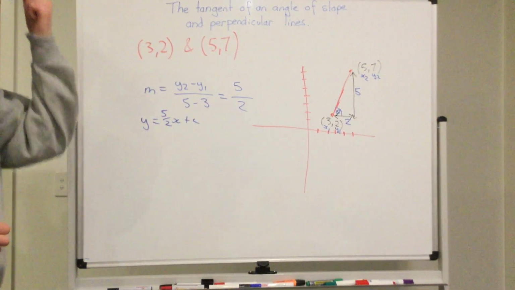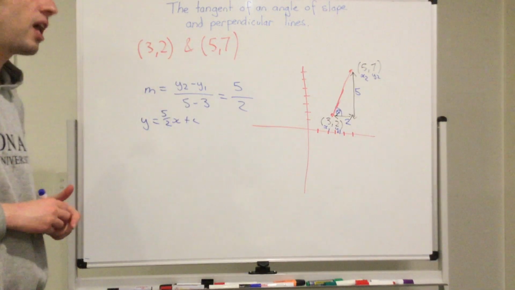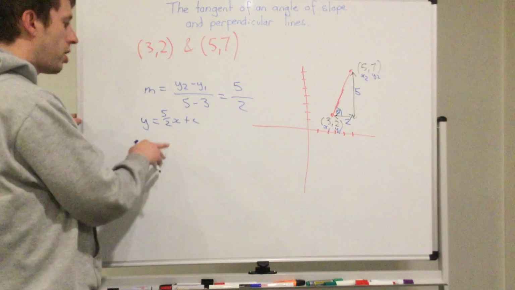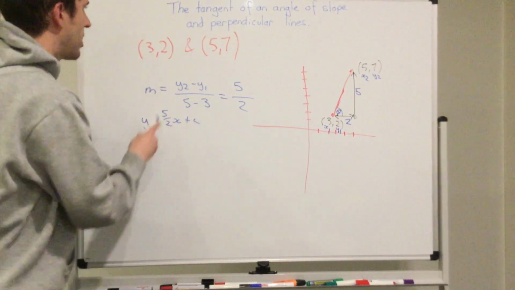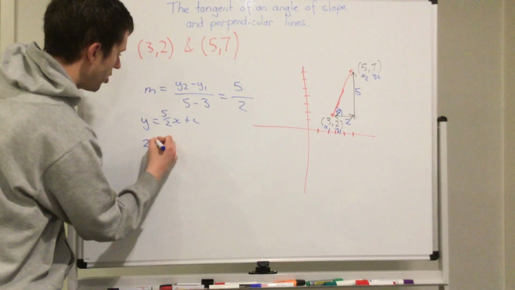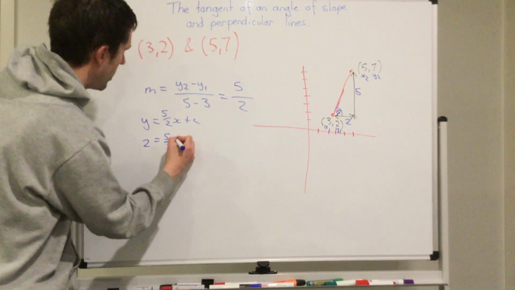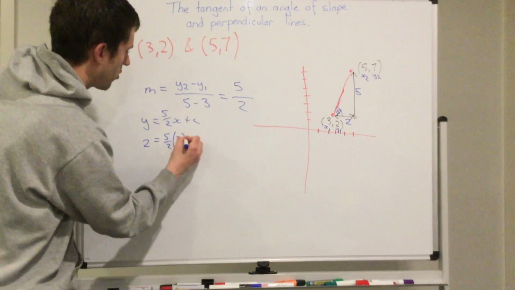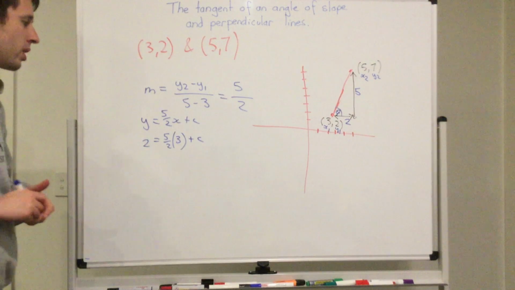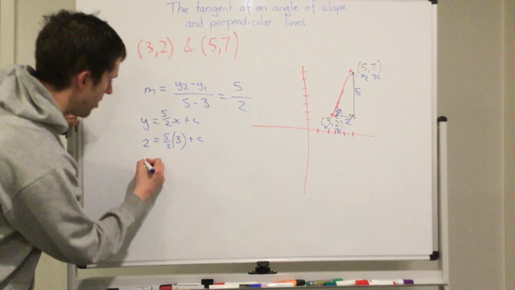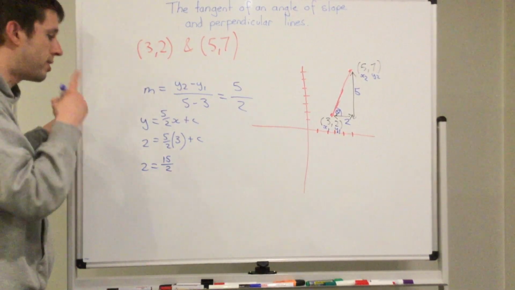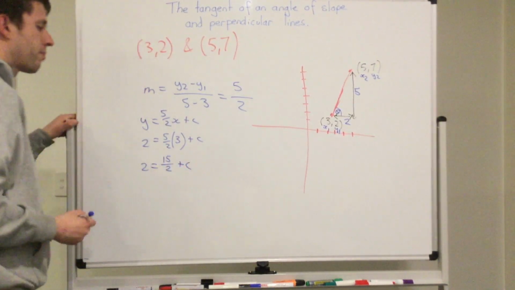For me to find out what c is and finish getting my line, I am able to find that out through substituting y and x with one of these. So I will pick (3, 2). Y is 2 equals 5/2 times x, which is 3, plus c. So 3 times 5 is 15/2, or I can do 7.5 plus c.